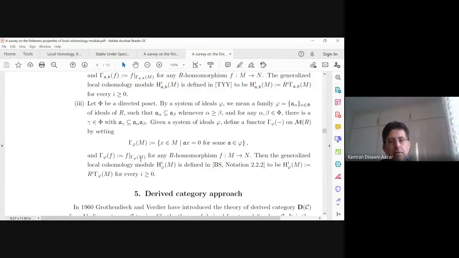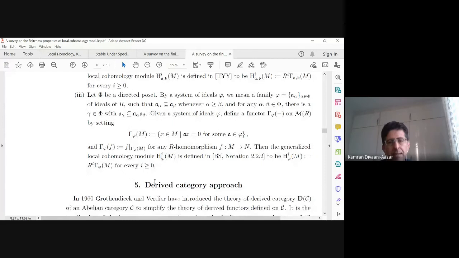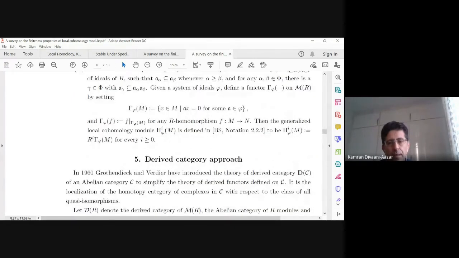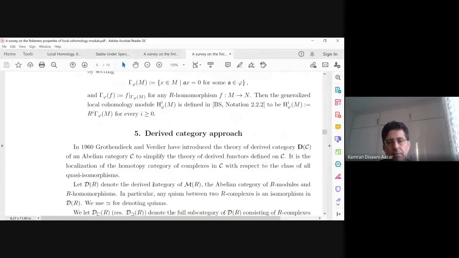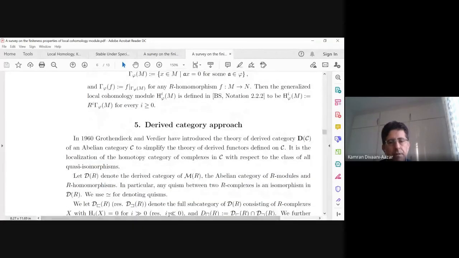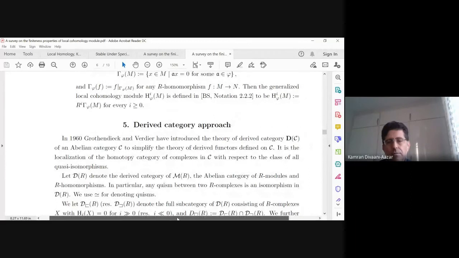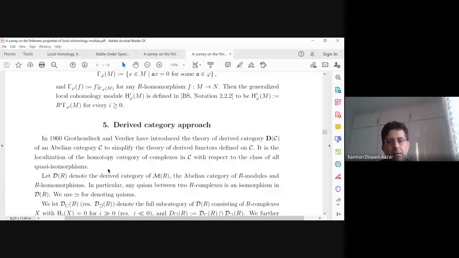Then the local cohomology with respect to phi is just the right derived functor of this Gamma_phi, for any integer i. So I can start from here, but maybe it's good to stop here because we can have enough time for answering possible questions.